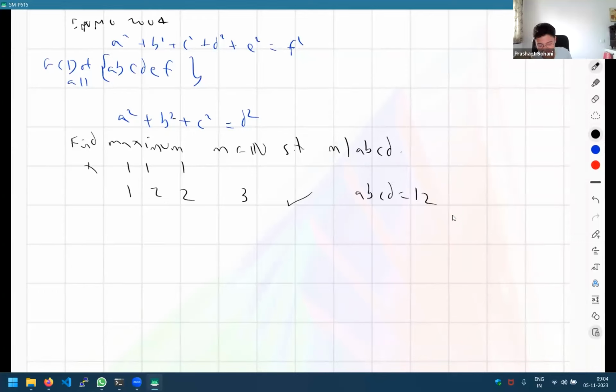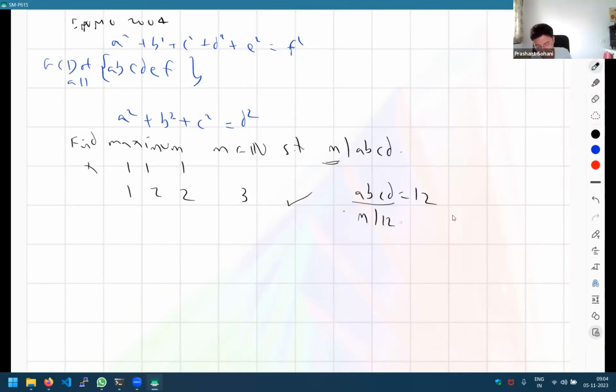And so what is guaranteed is that whatever this m is that you're looking for, m will be at least 12, maybe even larger than 12. Oh no, sorry. Rather, I will say m cannot be more than 12 because here the product is 12.